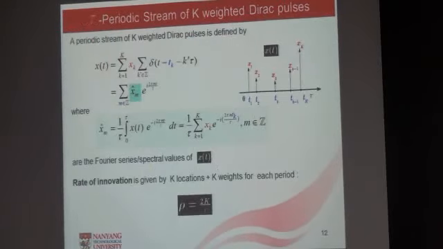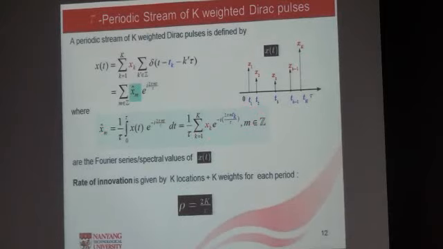So let's look at what the periodic stream of Diracs signal looks like. Okay, so here x of t is our stream of Diracs. Now, because it's a periodic signal, we can represent it by its Fourier series. Okay, so here x hat of m are the Fourier series of this signal x of t. And if we calculate the Fourier series of x of t, we get this expression here.